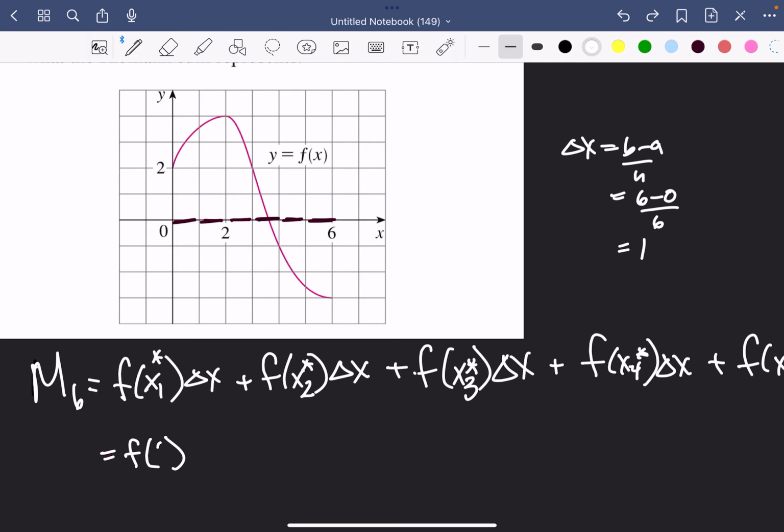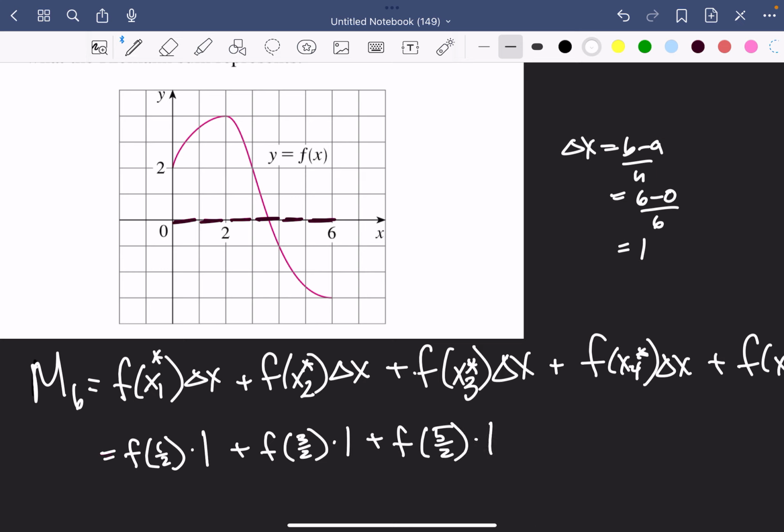also known as 1/2, times the delta x of 1, plus f at x sub 2. Well, what is the midpoint of this interval? It's going to be 1.5, otherwise known as 3/2, times 1, my delta x. Then inside of that third interval, it's going to be 2.5, otherwise known as 5/2.